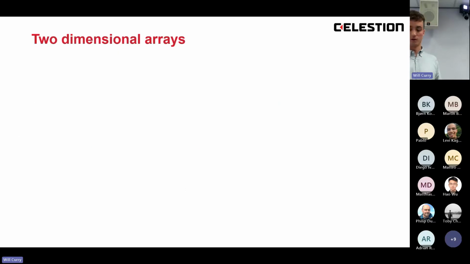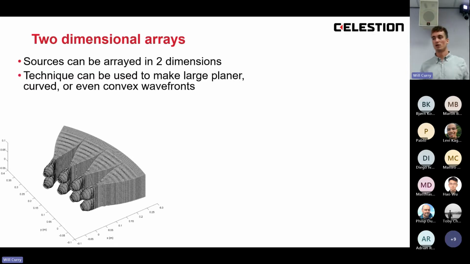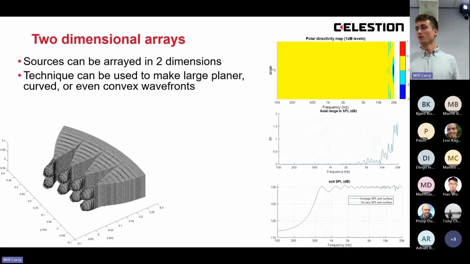And then lastly, a more exciting way in which the technology can be used are 2-dimensional arrays. So sources can be arrayed in 2 dimensions. This technique can be used to make large planar, curved, or even convex wavefronts because the sources are coherent even at high frequencies. These are some results from this FEA mesh.